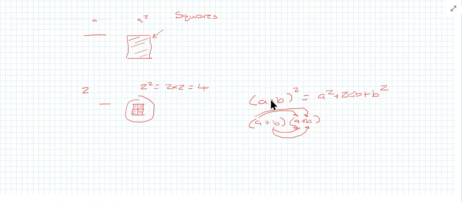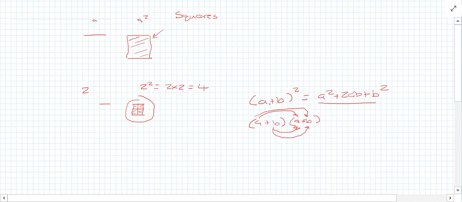But the question is, why is it this way? What does this look like visually? We can represent this visually and show it in a more visual way. So let's have a look at this.